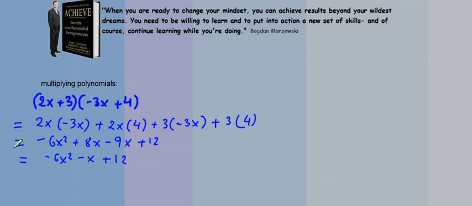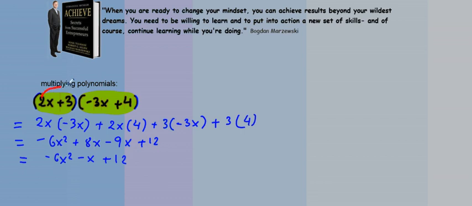How do we multiply polynomials? We will work with this example that has two binomials which are to be multiplied together. The rule that we follow here is simply the following.